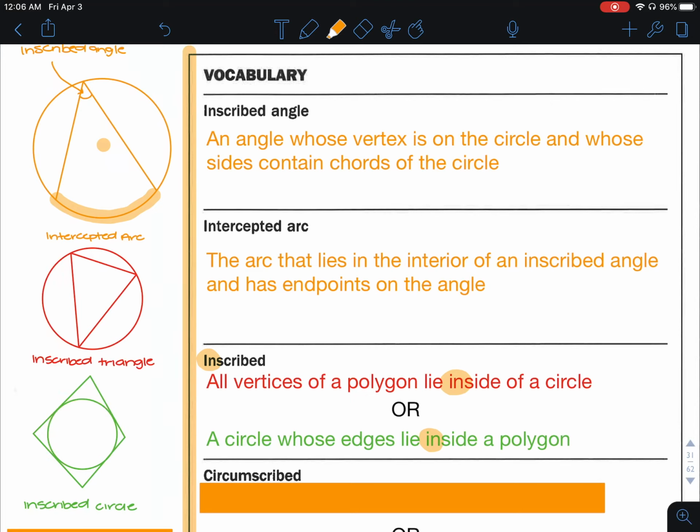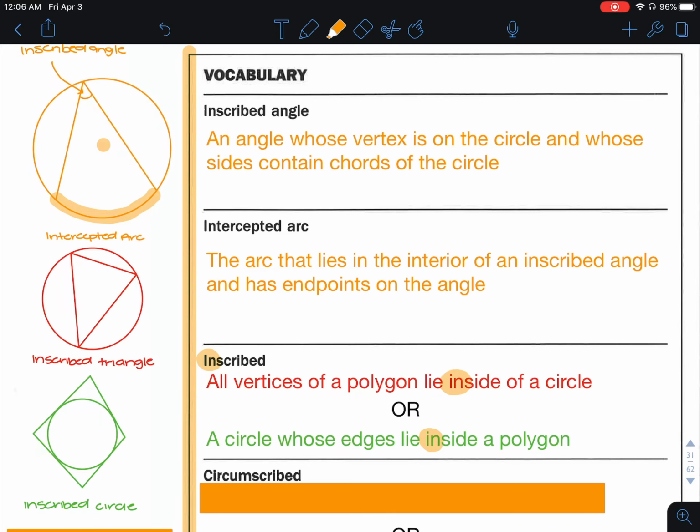Okay, so this is an inscribed circle because the circle is inside of the bigger figure. Okay, what's very important is that the vertices have to lie on the circle. Okay, so here's my vertices here. They lie on the circle. If I talk about my green one, these all lie or touch that polygon. Okay.